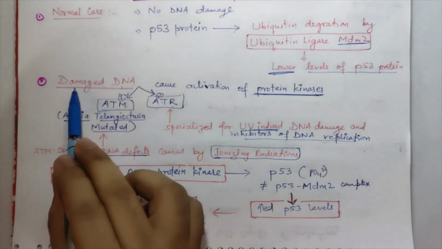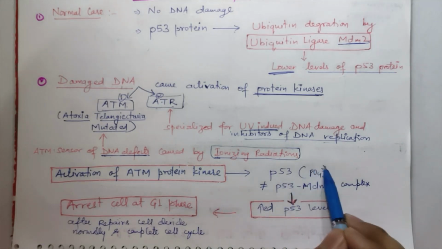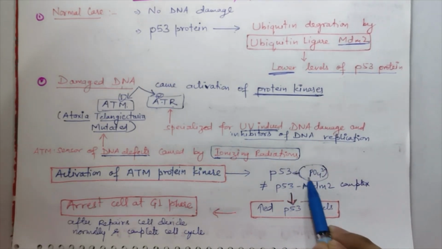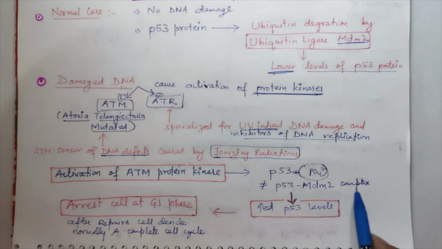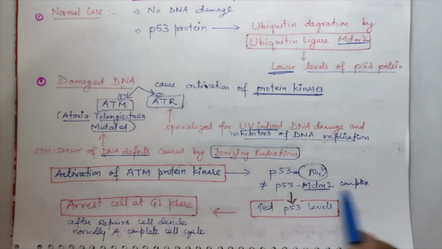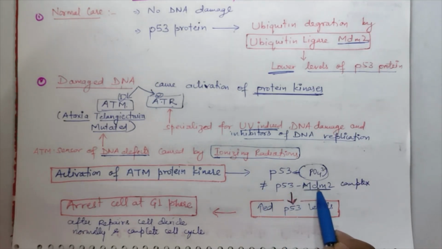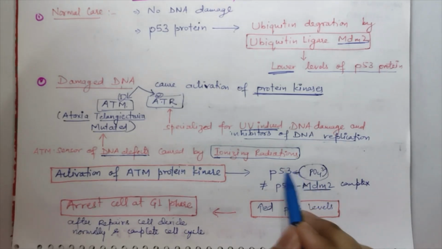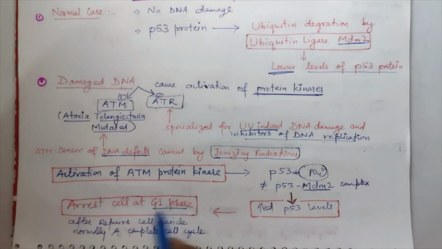But when there is DNA damage, activation of ATM protein kinase causes phosphorylation. The P53 proteins are phosphorylated, and this phosphorylation alters the site on the P53 protein where the ubiquitin ligase, that is MDM2, binds. So basically it prevents the formation of the P53-MDM2 complex. This complex is not formed, and the level of P53 goes on increasing, and this increased P53 level arrests the cell at G1 phase.